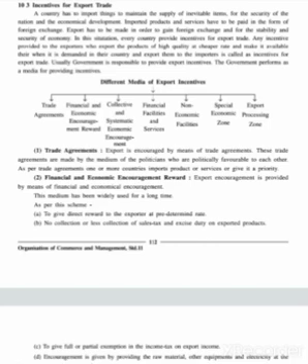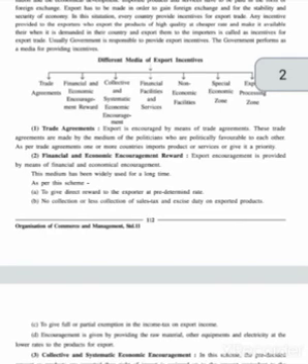Export encouragement is provided by means of financial and economical encouragement. This medium has been widely used for a long time.